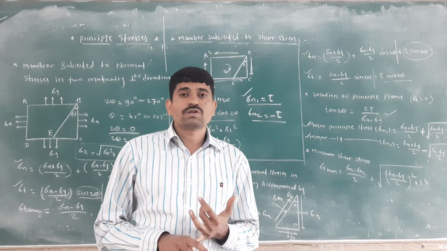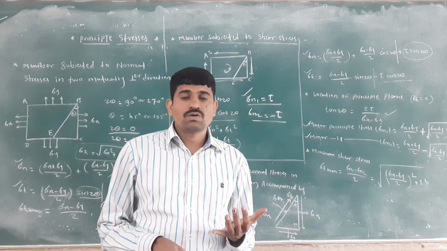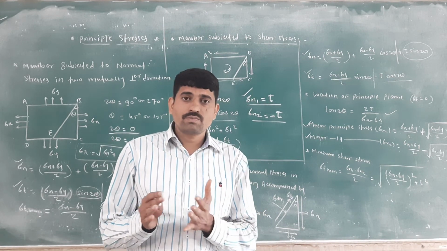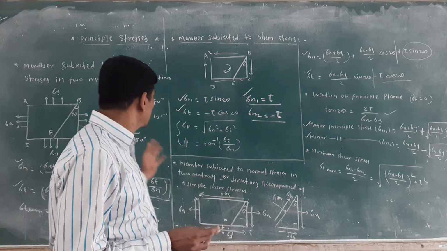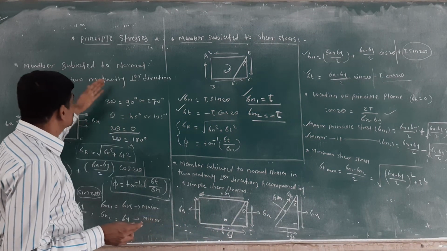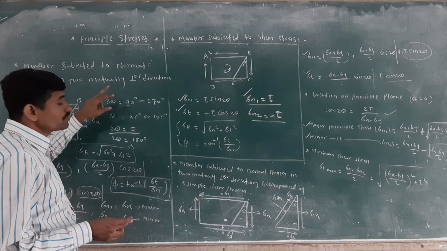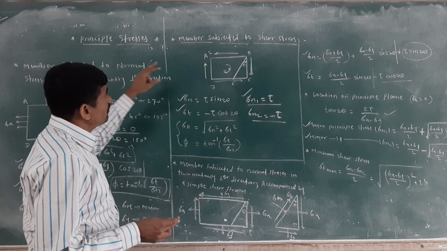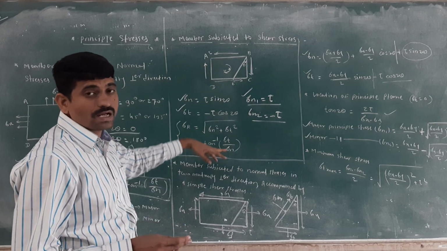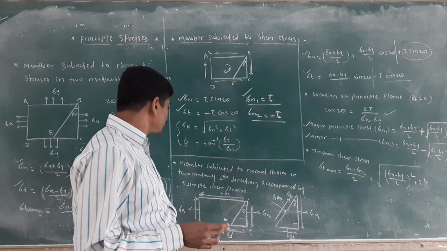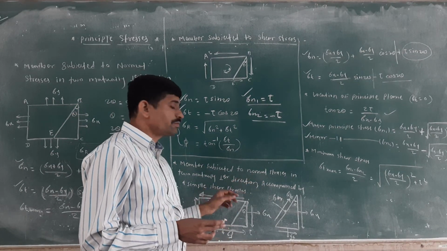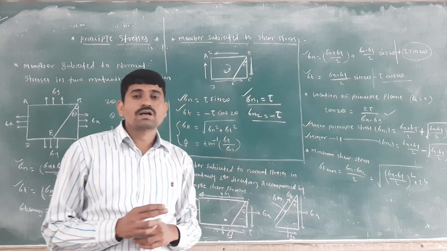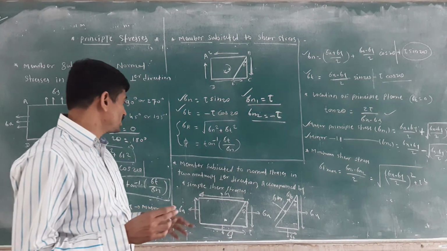It is the Mohr circle. Mohr circle is given for the different conditions: a member subjected to normal stresses in 2 mutually perpendicular directions, a member subjected to simple shear stress, and a member subjected to normal stresses in 2 mutually perpendicular directions accompanied by shear stress.